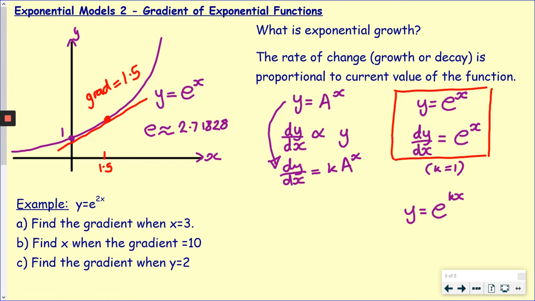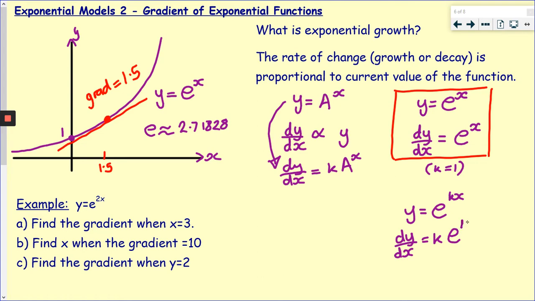But anyway, a rule that you will use later on in year 13, something called the chain rule, allows us to differentiate this. We will cover that and even prove it much later. So for now, I'm just going to tell you the rule. And that is that the gradient of this function is affected by this k in such a way that it's just k times e to the kx.